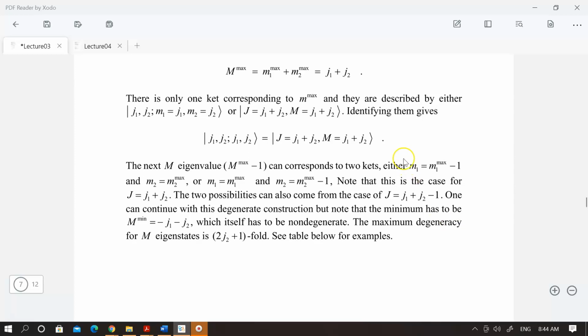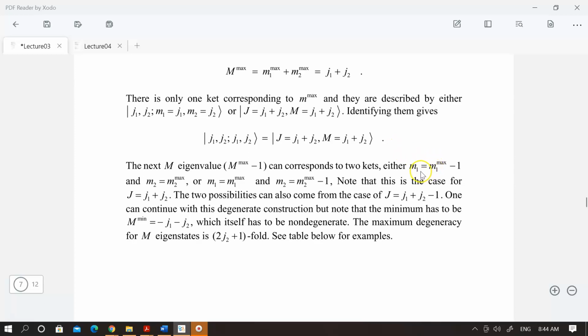Right. So the next thing is to go from this topmost state to the one below. The value of your capital M should be J1 plus J2 minus 1. And how do you get J1 plus J2 minus 1? It can come from two different possibilities.